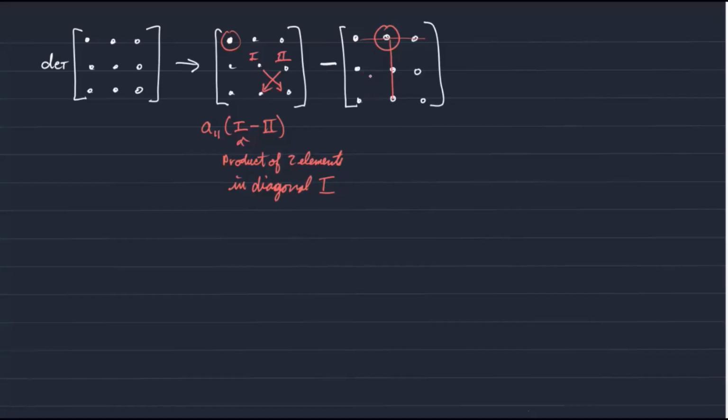And then we have an upper left to lower right diagonal going from column 1 to column 3, and an upper right to lower left diagonal going from column 3 to column 1. And so that gives A12 times I minus the second diagonal.